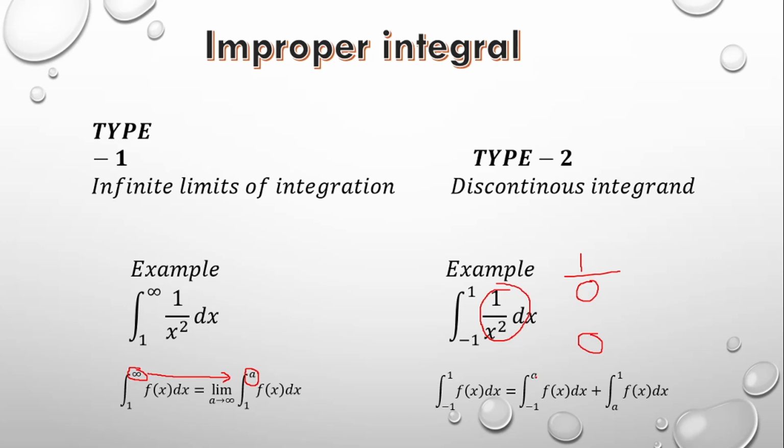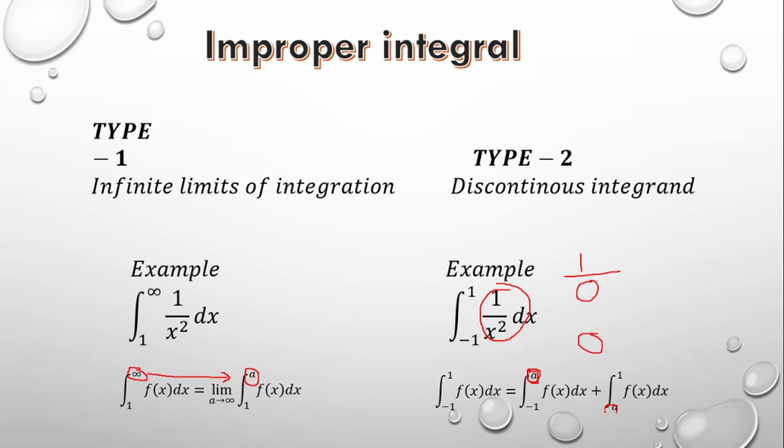So we replace that 0 with a letter, and when putting the limit you write the limit as A approaches 0, because you need to find the number that makes the function undefined. So you integrate from -1 to 0, and from 0 to 1. This is what you're going to do.